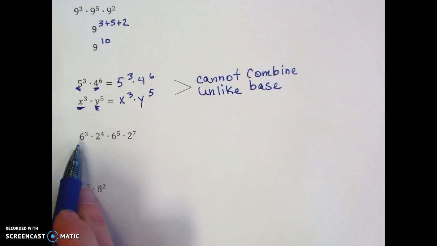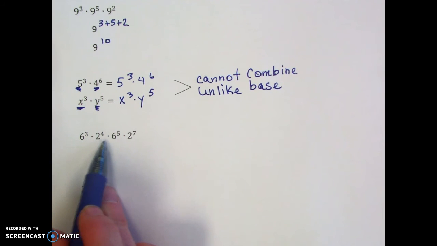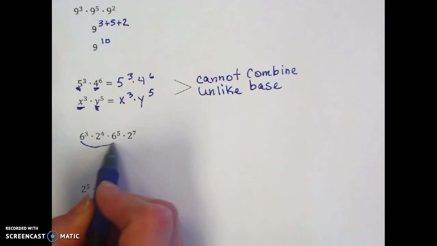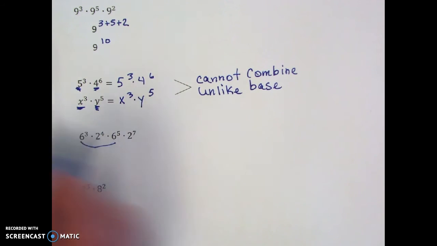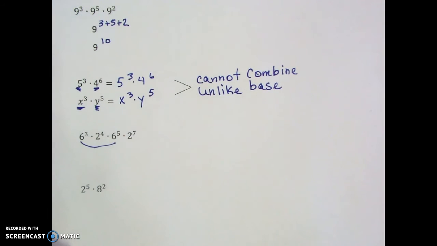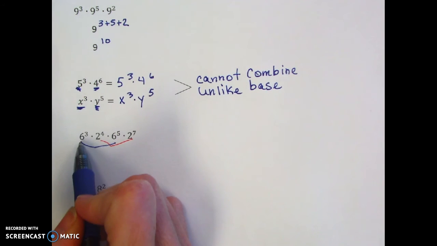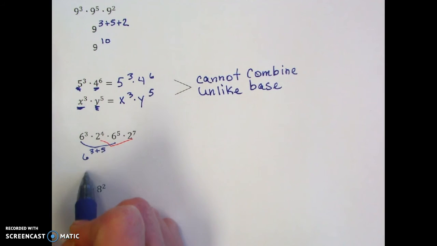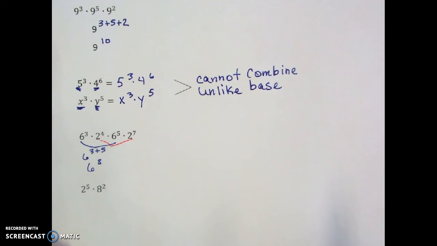So you'll see in the next problem, I have 4 parts: a 6 base, a 2 base, another 6 base, and another 2 base. So I should be able to put the two 6 pieces together, and then the two 2 pieces together. So 6 to the third and 6 to the fifth, 3 of them and 5 of them. 6 to the 3 plus 5, that would be 8 of those.